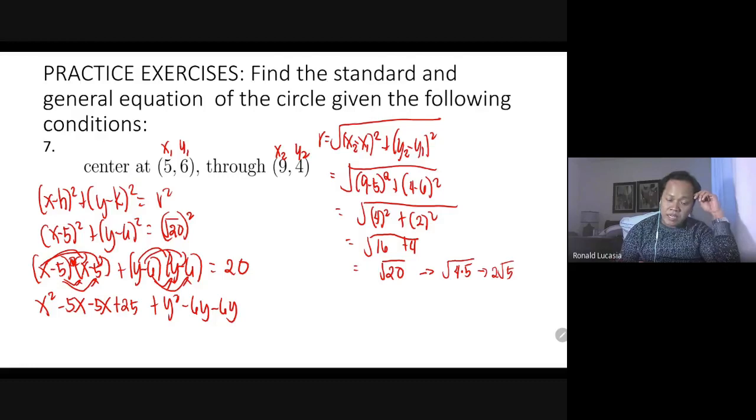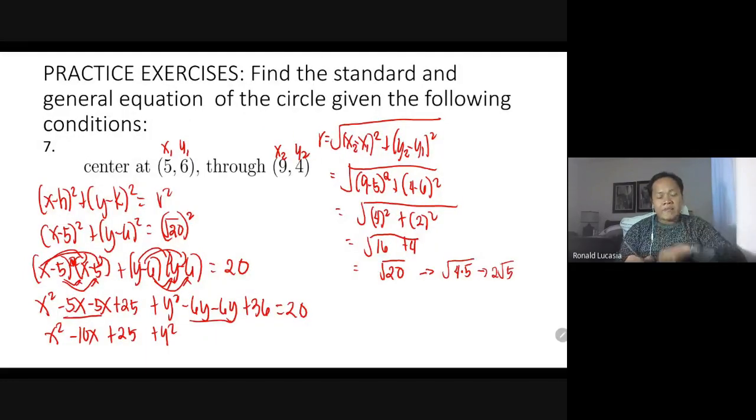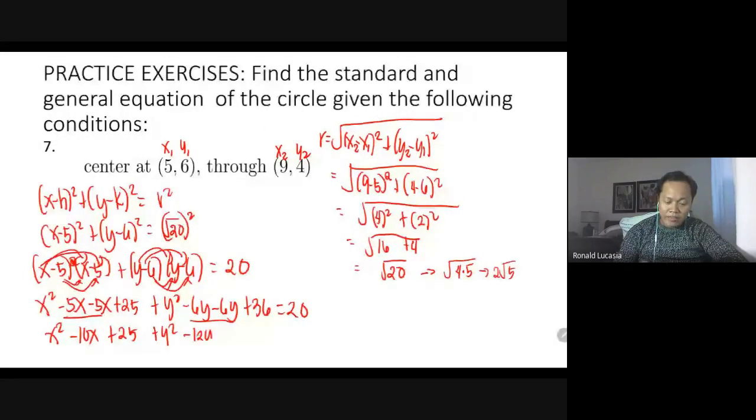Negative 6 times negative 6 magiging positive 36 equals 20. Dapat ang ating general naka-equal kay 0. Ito ay magkaparehas. So magiging 10x yan. Bring down 25. Bring down y squared. Negative 6y plus negative 6y, it's negative 12y.